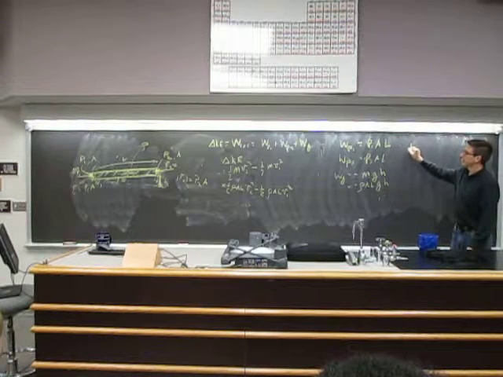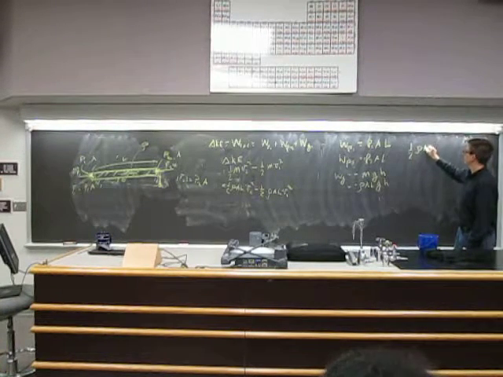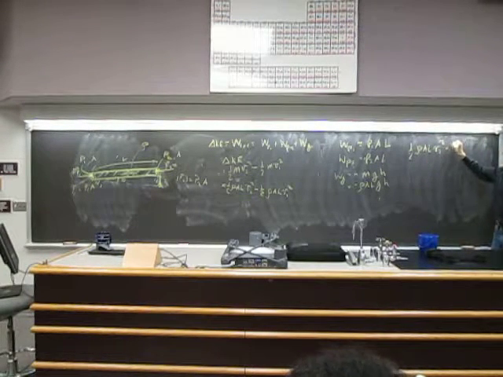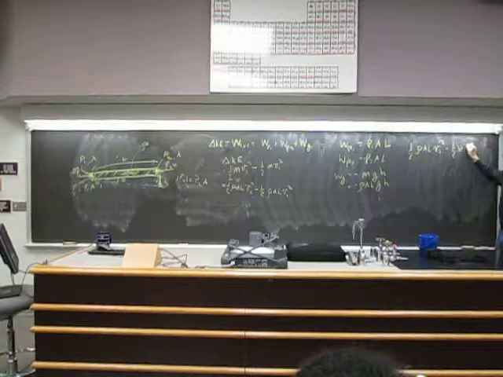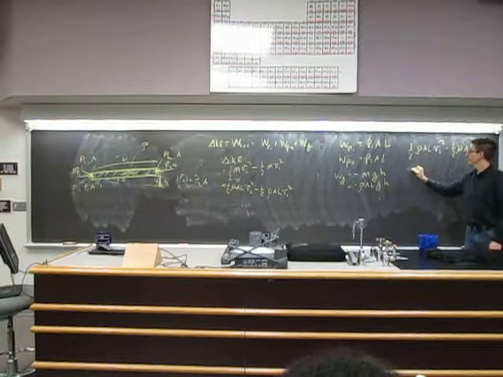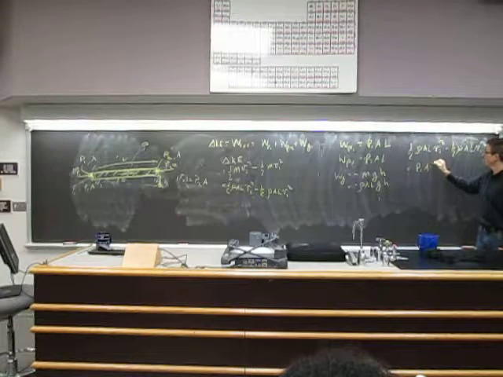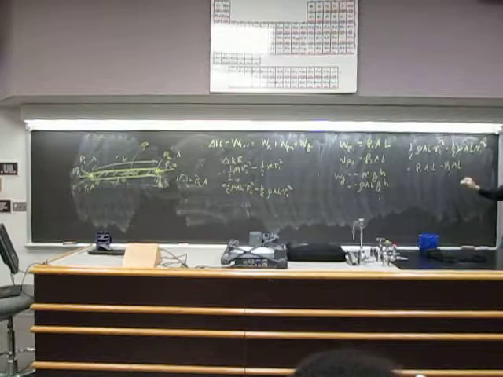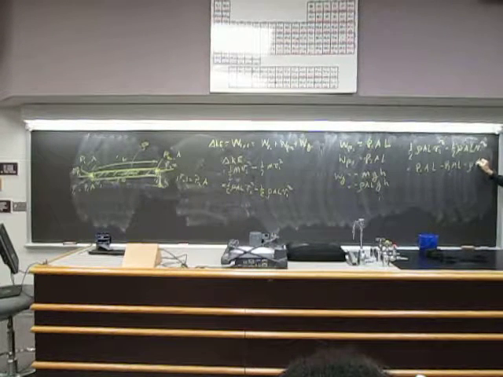So we will get 1/2 rho AL v2 squared minus 1/2 rho AL v1 squared is equal to P1 AL minus P2 AL minus rho AL gh.